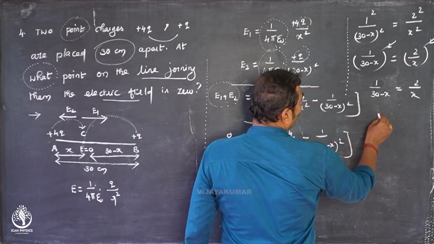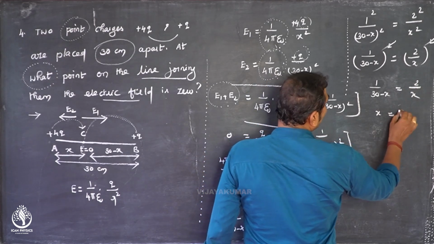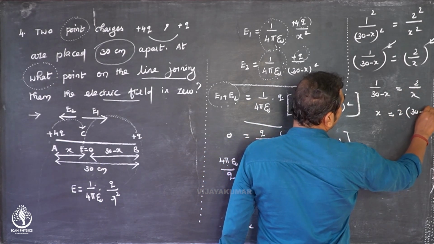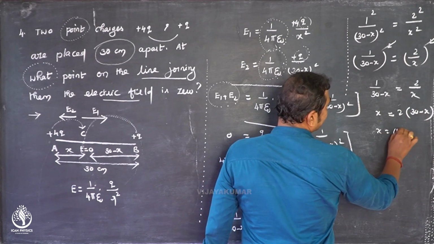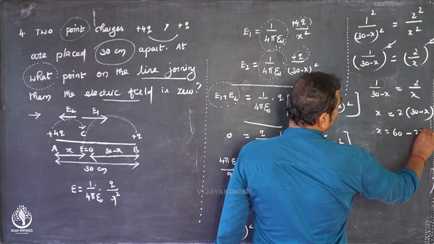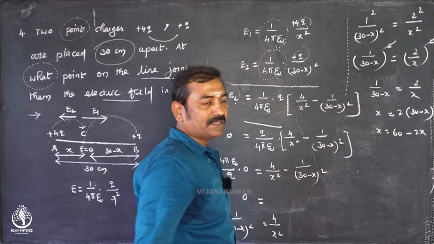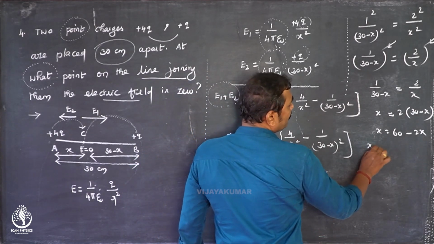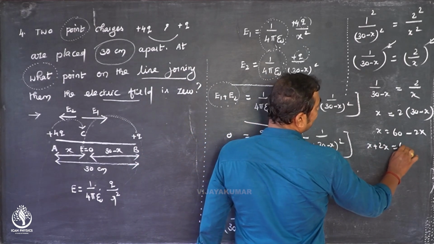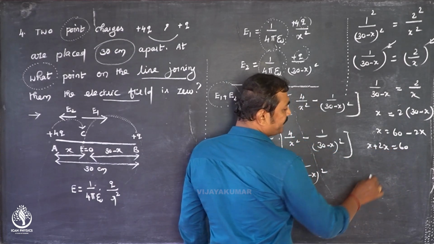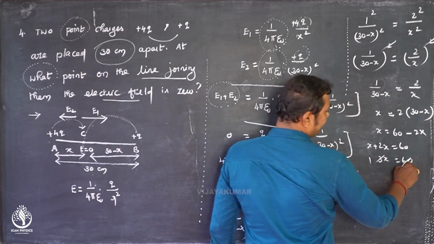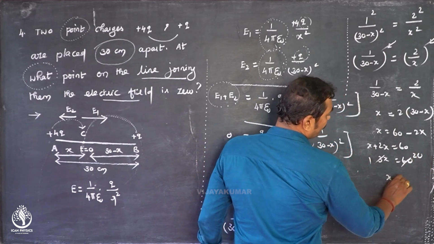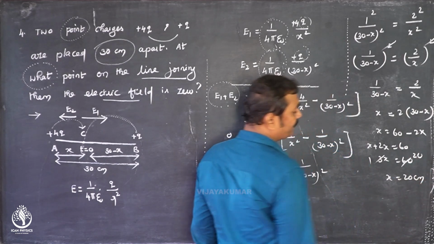Now cross multiply: 1 into x is x, and 2 into 30 minus x. So x equals 2 into 30, 60, minus 2 into x, 2x. The minus 2x comes across as plus, so x plus 2x equals 60. So 3x equals 60, and x equals 20 centimeter.